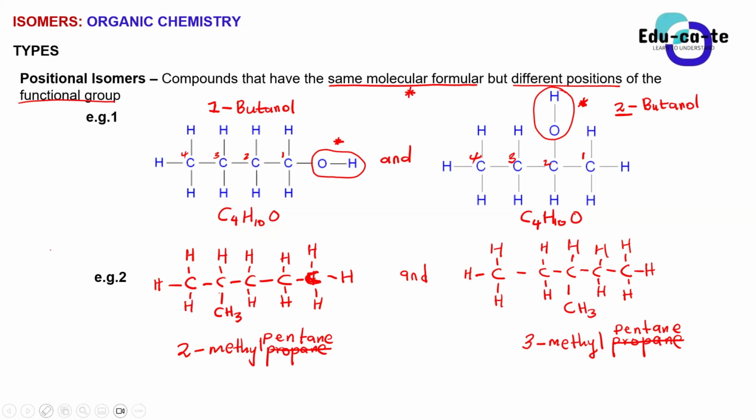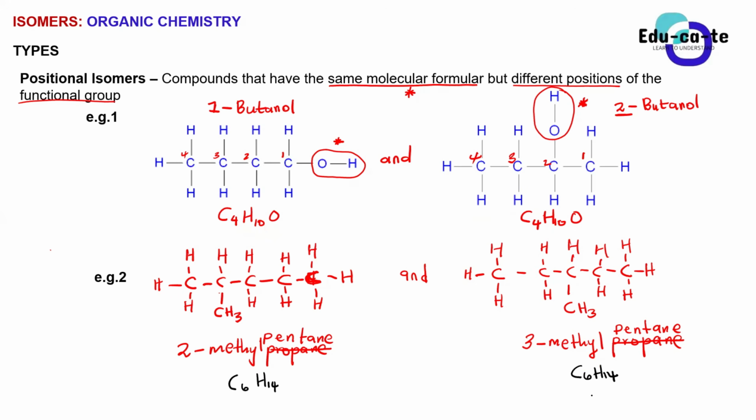So the molecular formula for both of them is C6H14, right? Even the second one is still C6H14. But now the thing is, we have 2-methyl pentane and we have 3-methyl pentane. They have different names. It implies that they are different organic compounds. They might be in the same homologous series, but they are different.